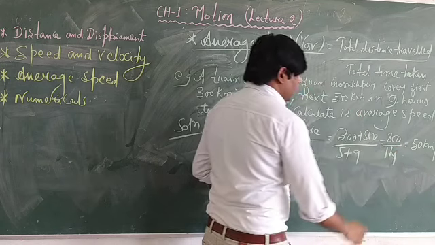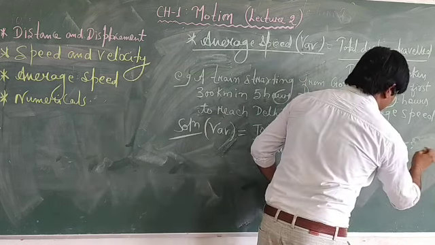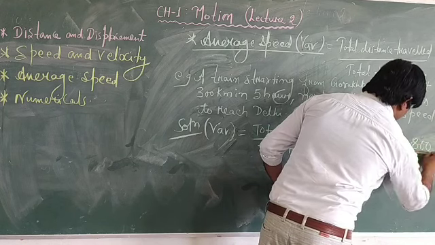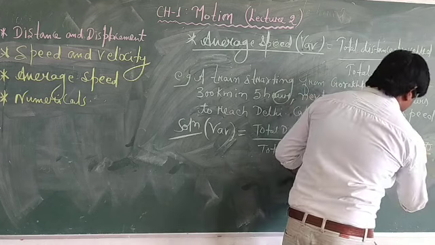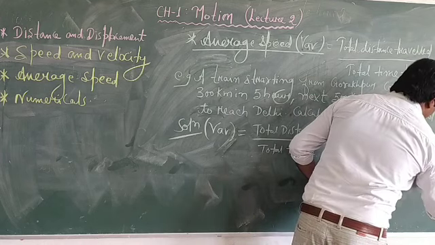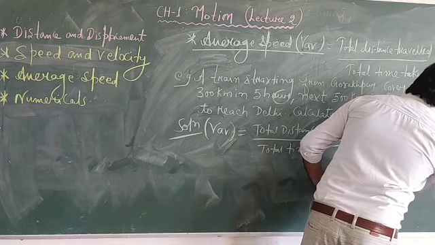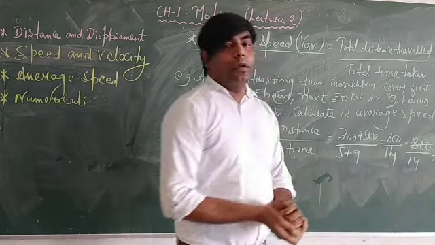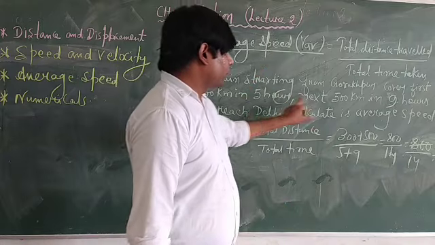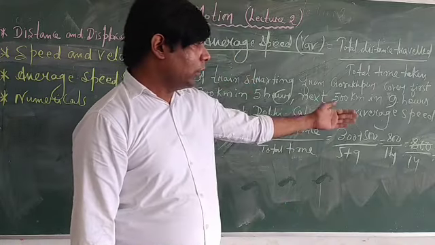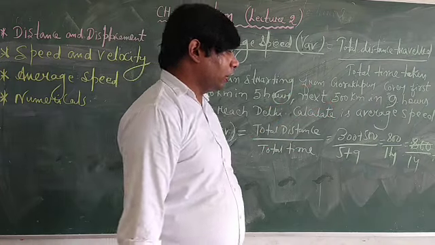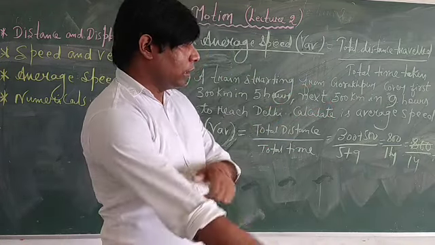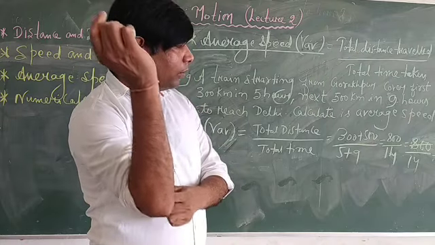That is equal to 14 hours. So it will be 800 divided by 14. Total distance is 800 and total time is 14, that is 400 by 7 kilometers per hour.